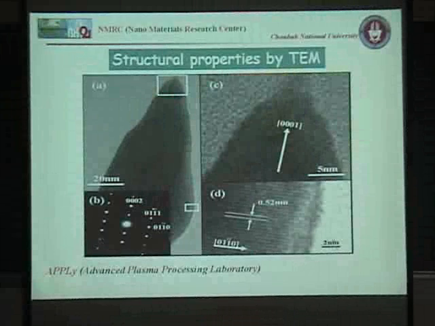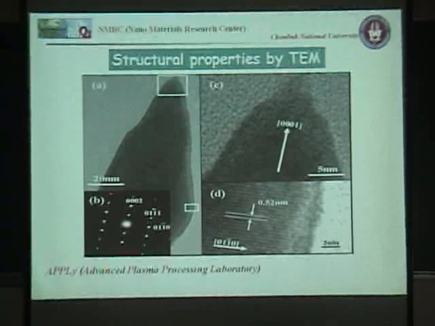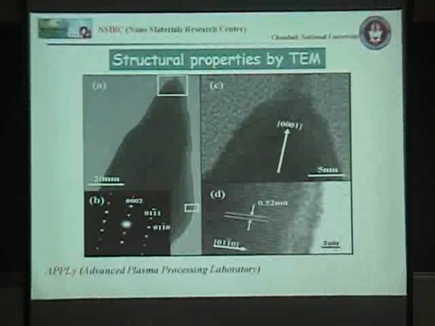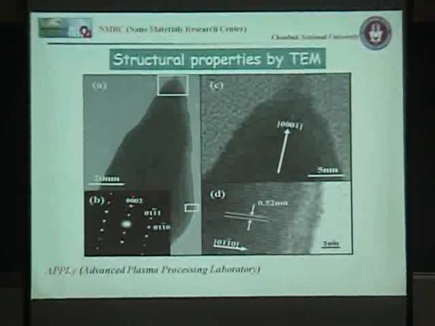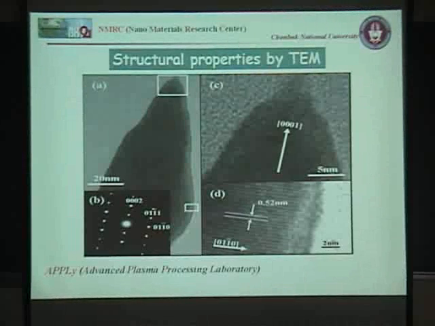The detailed structural properties of these needle-shaped structures were studied by transmission electron microscope. We did the SAED pattern. From the SAED pattern we can observe that these structures are preferentially oriented in the C-axis direction and grown in the 0002 direction.